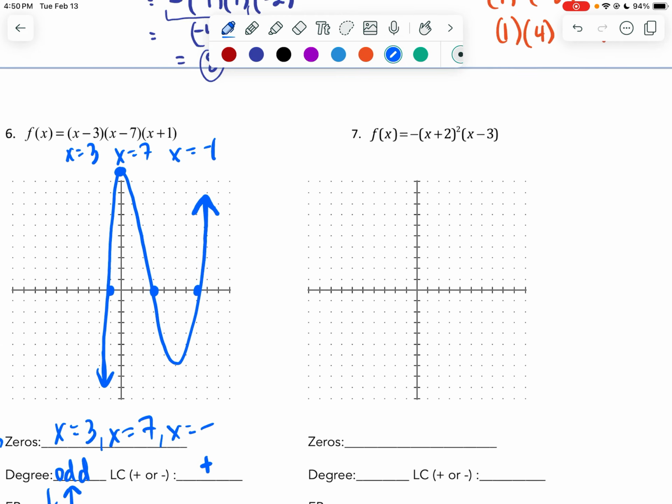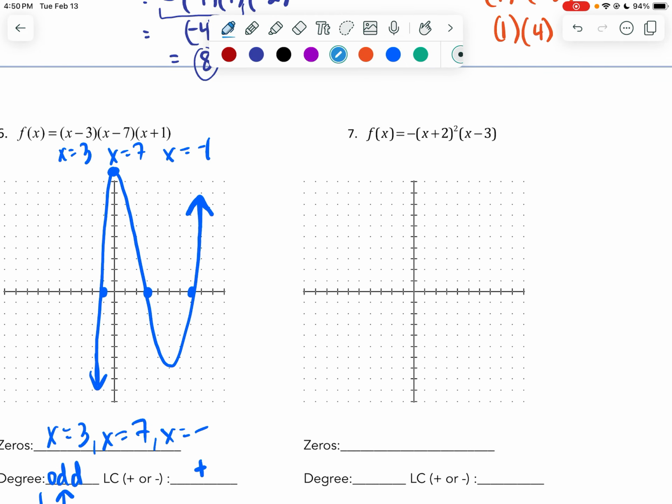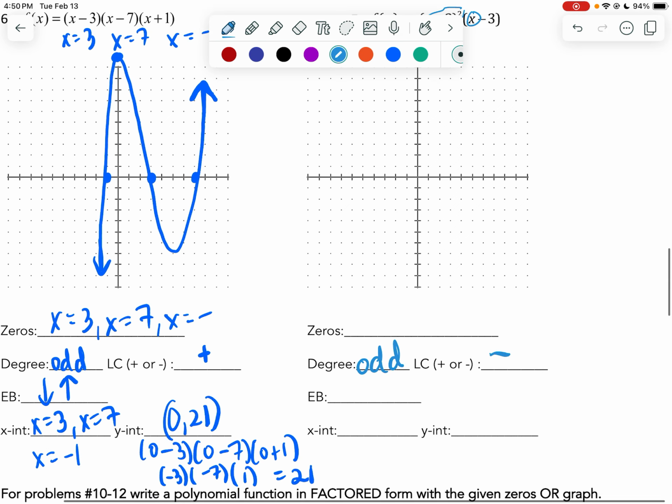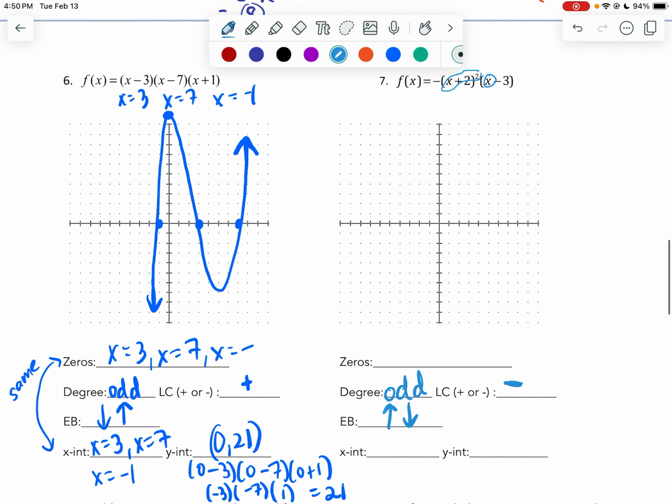All right, last graphing one, number 7. So degree on this one is actually odd because there's 2 here and then 1 here, so that's odd. Leading coefficient negative. So odd negative would mean up, down. Right arrow's down. Okay, your x-intercepts are the opposites of your factors, so that's -2 and +3. I'll put those on my graph.